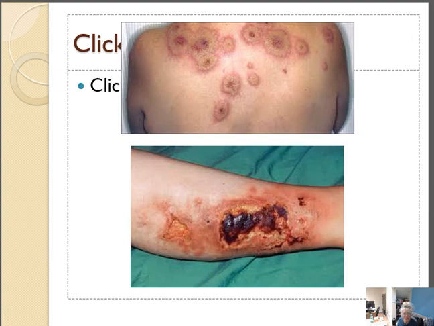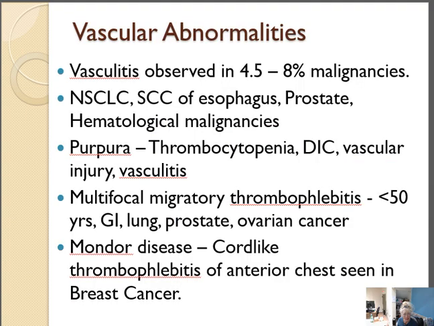So, necrotizing necrolysis. There's your necrolysis. So in vasculitis, you see that in non-small cell lung cancer, as well as small cell lung cancer, of the esophagus, prostate, and hematological malignancies. Thrombocytopenic purpura, disseminated intravascular coagulation, vascular injury, and vasculitis.